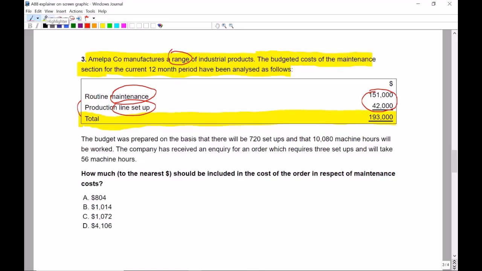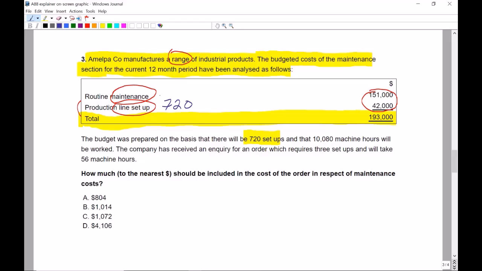So we see a company that's using activity-based budgeting. This budget was prepared on the basis that there will be 720 setups, so we could put a 720 here for the setups, and 10,080 machine hours will be worked.